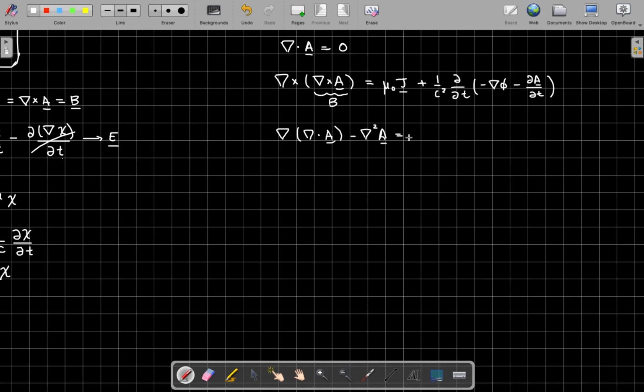This is equal to mu 0 j minus 1 over c squared derivative of grad phi with respect to time minus 1 over c squared second derivative of A with respect to time squared.